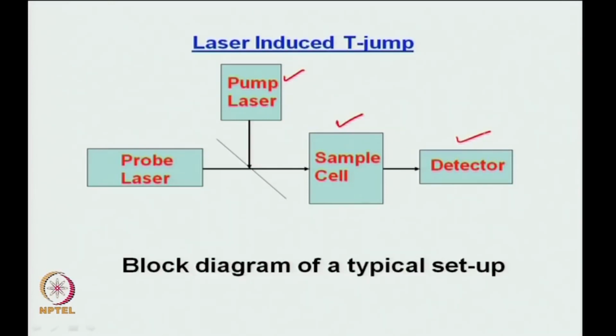Probing means you are probing the change in the concentration of the folded state of the protein, but how is that coming out in terms of a certain spectroscopic signal, right? And that signal you are probing with a different laser called a probe laser. So, this is the one you are using to monitor the change in the concentration of the folded state.